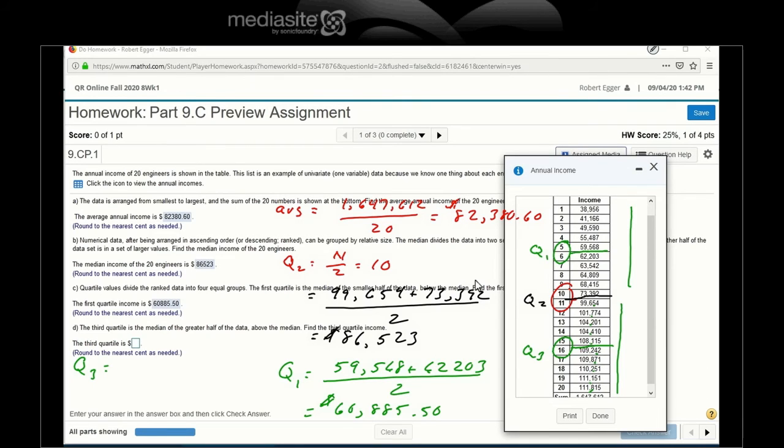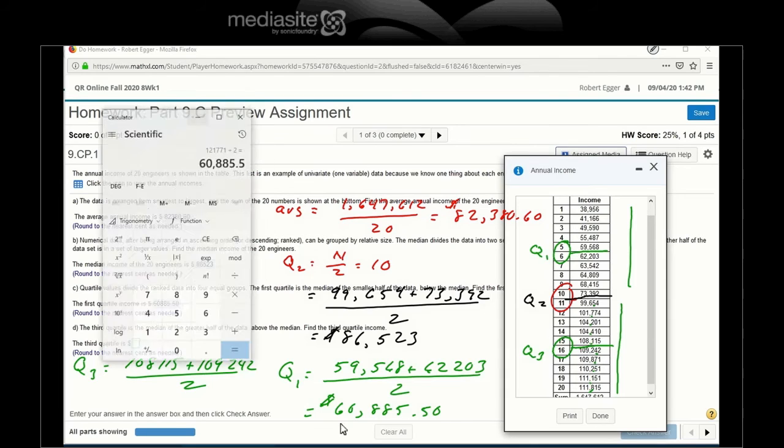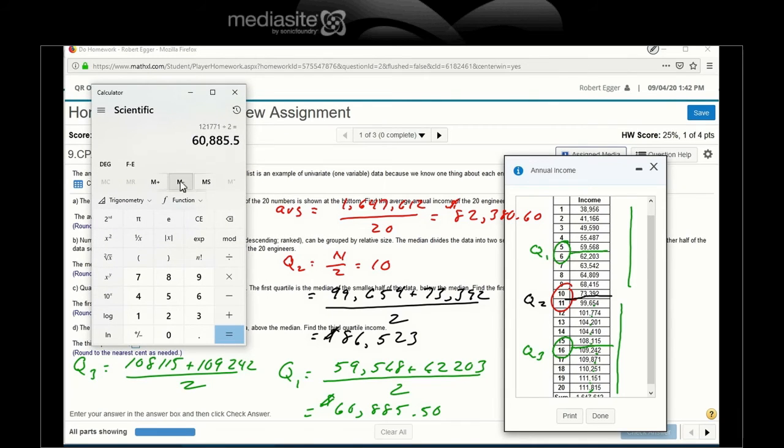Which means Q3 should be the average of those two guys, 108,115 and 109,242, divided by 2. Okay, do you see those guys? Yeah, I do. 108,115 plus 109,242, divided by 2.